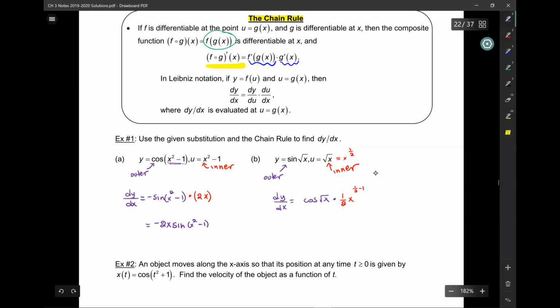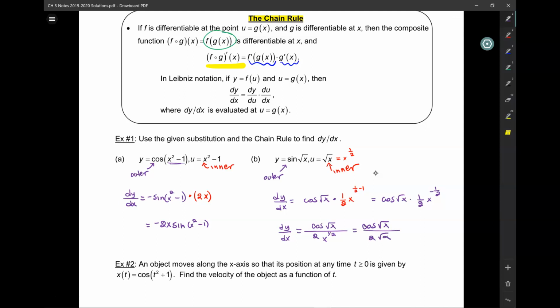So that'll be negative 1/2. So that's cosine root x times 1/2 x to the negative 1/2, which means when you rewrite it, dy dx, it will look like in the numerator I have cosine root x, and then the 2, it's 1/2, right? So 2 is in the denominator, and so is the x, because x to the negative 1/2 is 1 over x to the positive 1/2. And so, cosine root x over 2 root x.